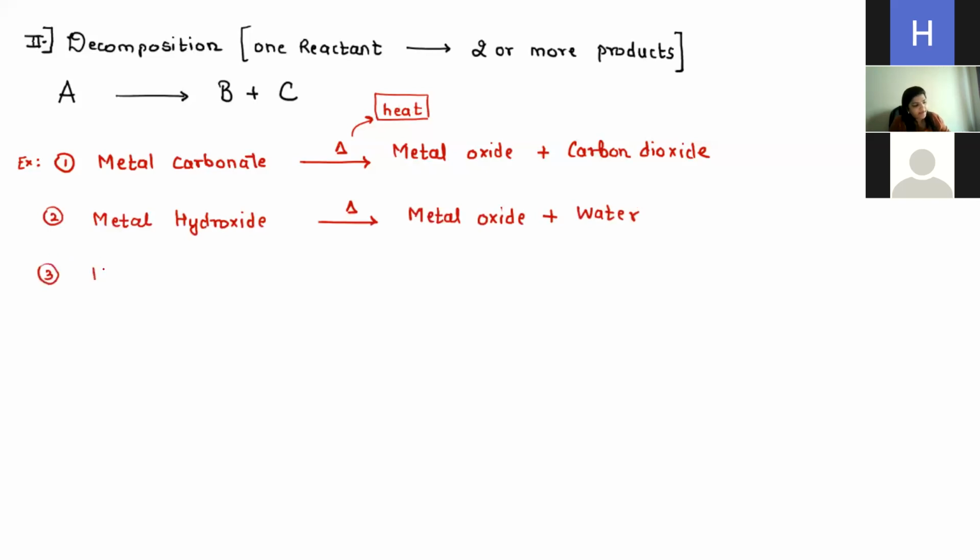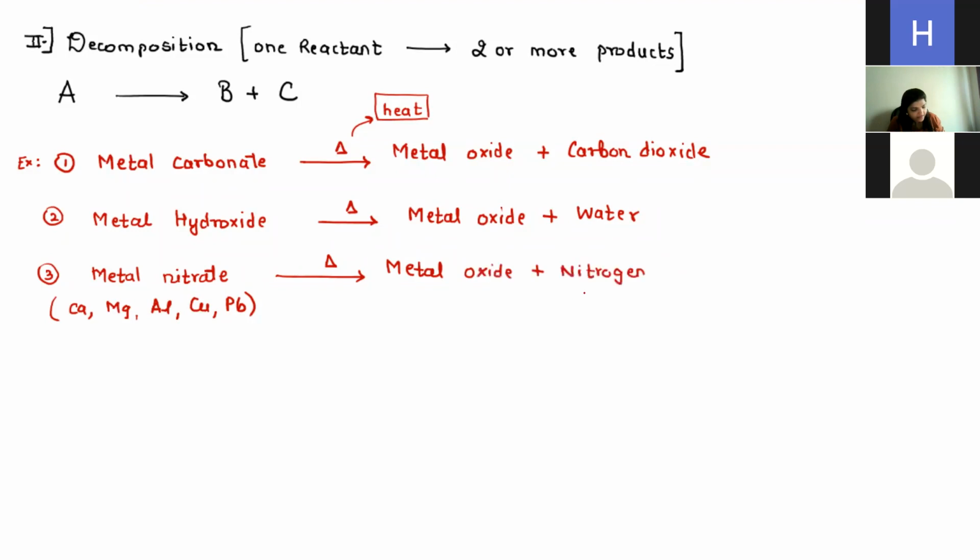Third one, if you have metal nitrate, not all metal nitrates, but those of calcium, magnesium, aluminium, copper, lead, all these metal nitrates on heating will give you metal oxide plus nitrogen dioxide plus oxygen. So these are a few examples of decomposition.